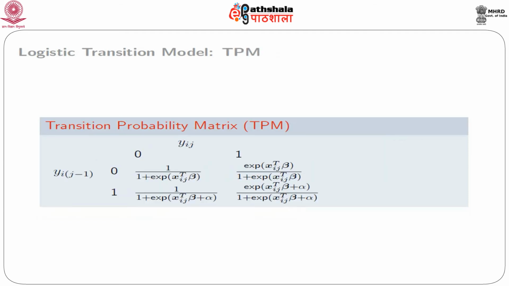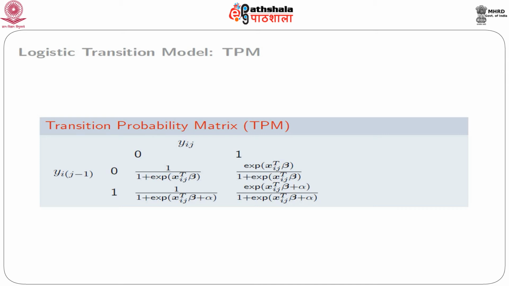So we can see what the transition probability matrix looks like. On the columns we have Y_ij and on the rows we have Y_i,j-1. Y_ij equal to 0 means not infected and Y_ij equal to 1 means infected.